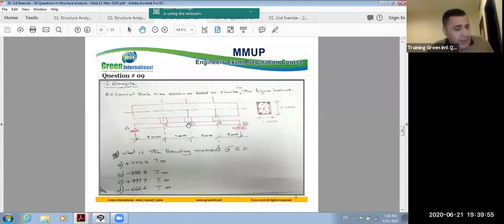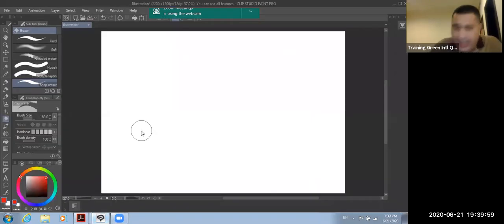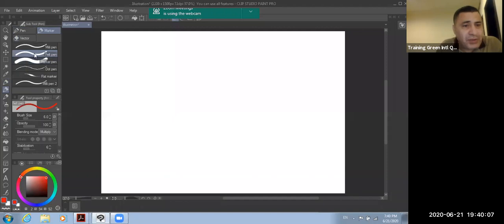Number 9, I'm going to solve number 9. You have a concentrated load. You can put it as a concentrated load. This is a beam now. The length of the beam is 36.